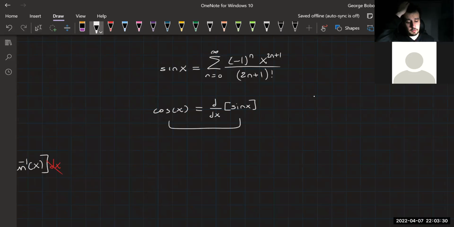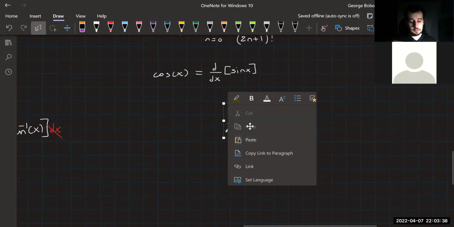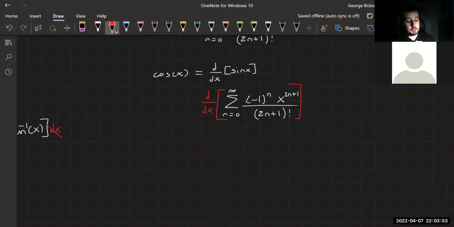Isn't that true? Yes. So if sine is this right now, then all I have to do is differentiate this. Like that. And that will give me cosine right now.